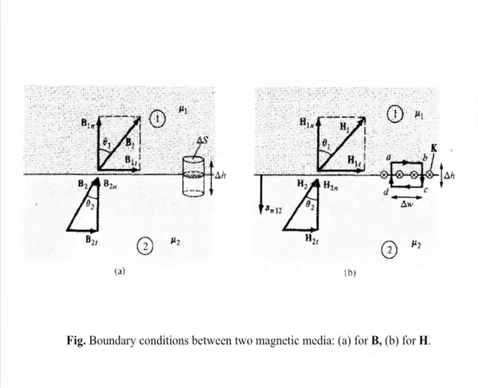As can be seen in the figure, B1 can be decomposed into two components, B1t and B1n, the tangential and normal components respectively, and similarly B2 can be decomposed into B2t and B2n.